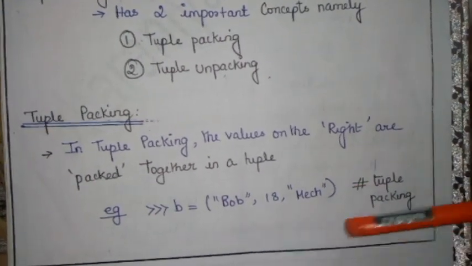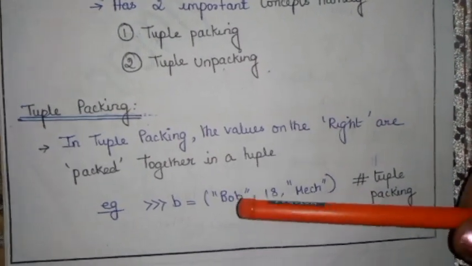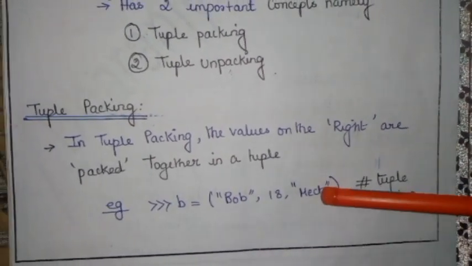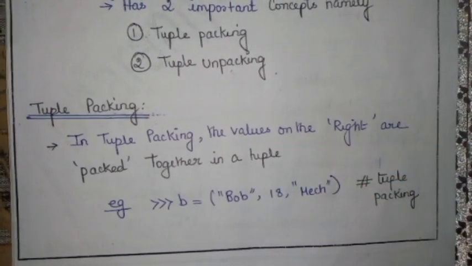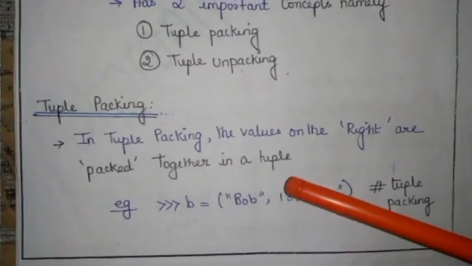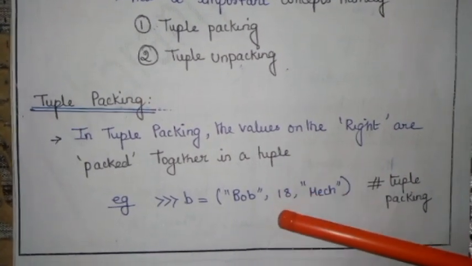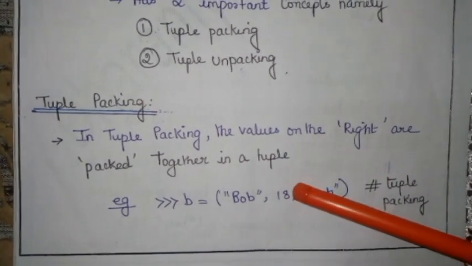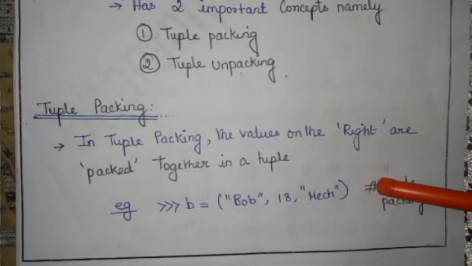A tuple uses open brace and close brace, whereas a list uses square brackets. The values inside the tuple can be characters, numbers, or a combination of both. A list can also have any combination, but the brackets make the difference between a list and a tuple.